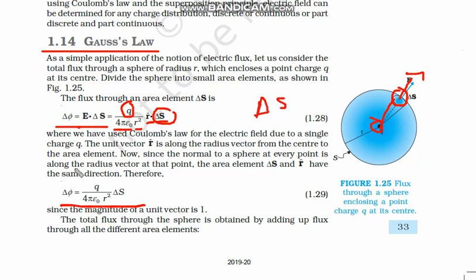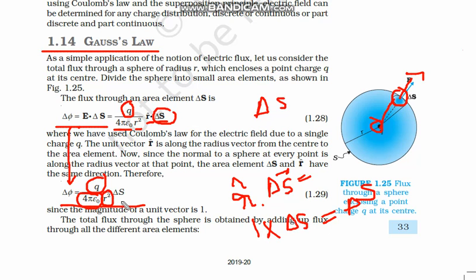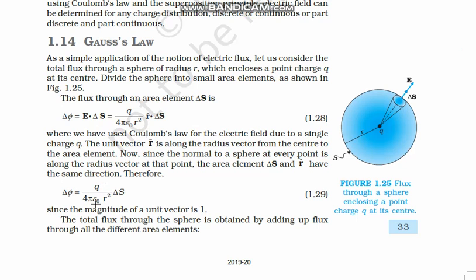So we reach this point where delta phi is simply charge q into 1 upon 4 pi epsilon naught r square, and this r unit vector dot delta S. Since both are in the same direction, this has a magnitude of 1, this has a magnitude of delta S, and the direction is cos 0, which is 1, so into delta S. The multiplication is simply delta S. So ultimately the flux is q upon 4 pi epsilon naught r square into delta S. Since the magnitude of the unit vector is 1, if you see r dot delta S, both in the same direction, cos theta is cos 0, so this will come as r delta S, and this 1 we leave.